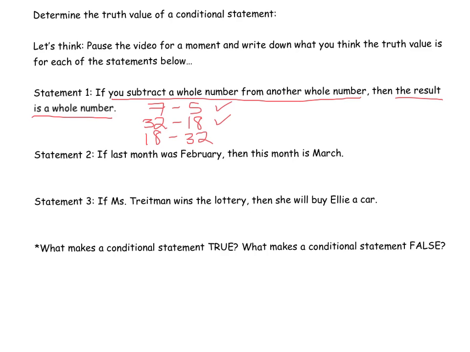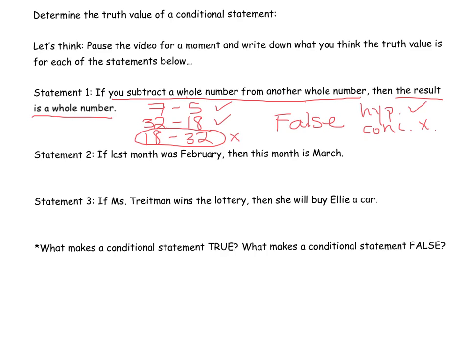Well, if I'm subtracting a whole number from another whole number, so I have met the hypothesis part, but does that result in a whole number? Well, in this case, it doesn't. So this is my counterexample. This tells me that this statement is a false statement because I could come up with a counterexample where I met the hypothesis, but the conclusion did not hold.